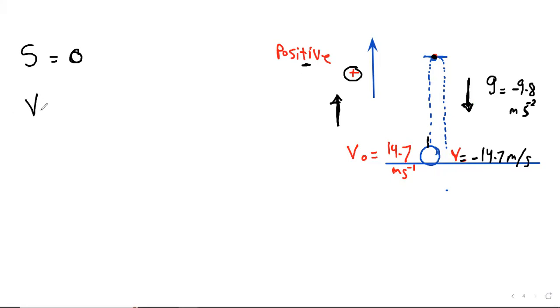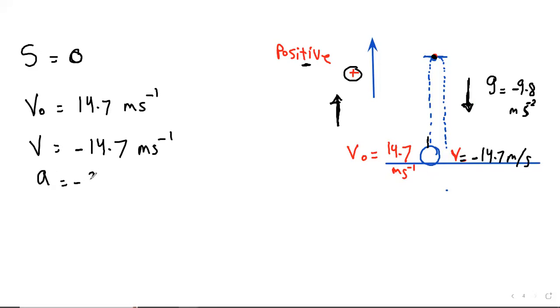And V initial in this case is 14.7 meter per second, and V final is negative 14.7 meter per second, and the acceleration here is negative 9.8. I'm studying the whole motion of the body from the starting point to reaching the same point at the end. So the acceleration is negative 9.8 meter per second squared.